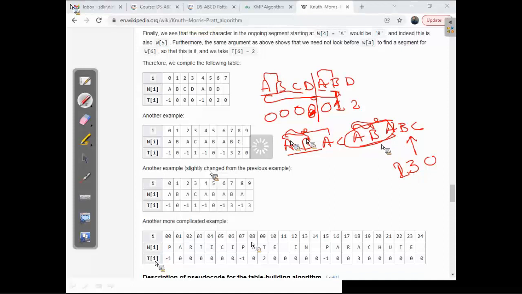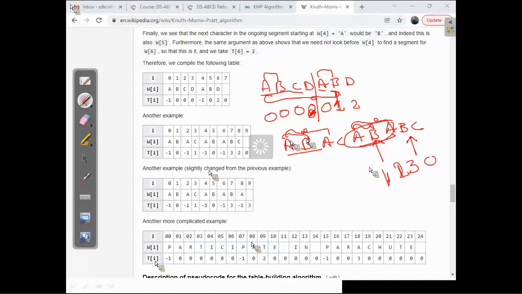So I got 2. Now I am at this position. Now I say A, I will get a 1, because 1 and 1 are same. I am looking at A, B, A, C, A. The suffix is A and A.